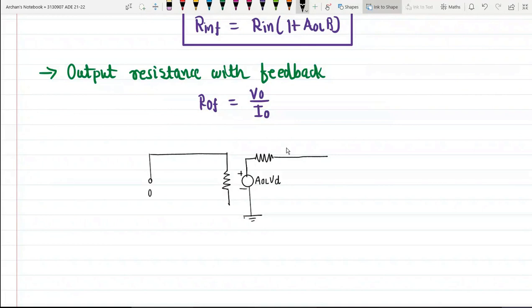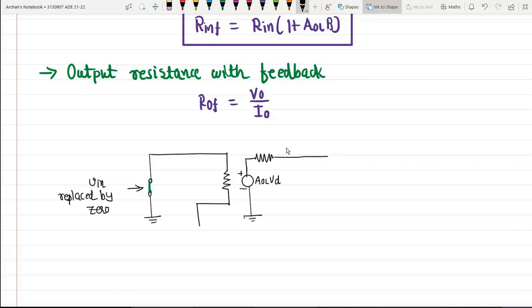Here that was a voltage source. Now this voltage source is replaced by a short circuit. We can say Vin is replaced by 0.